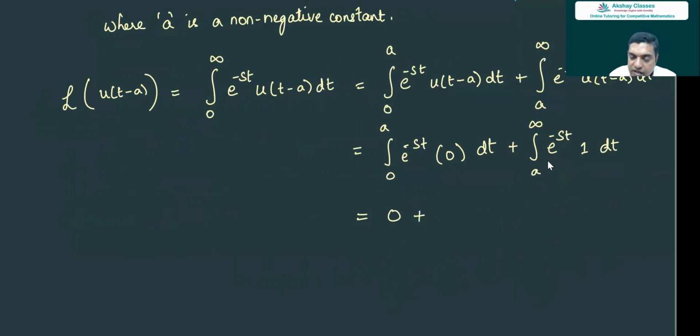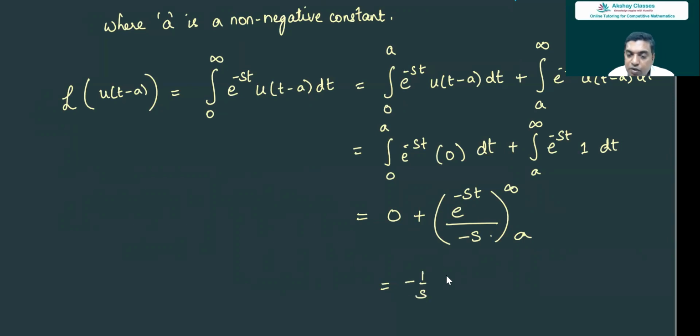Now this term is just integral of e power minus st, so it is e power minus st upon minus s from a to infinity. Now s is a positive quantity, we know that.